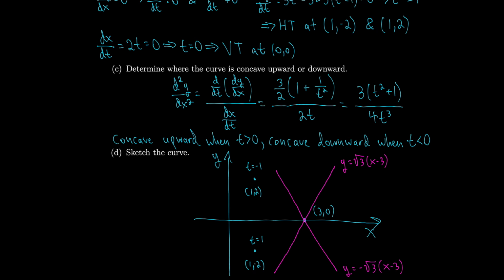Since our tangents over there are horizontal, we know we have a maximum or minimum over there. We also know about the concavity. We know that this thing is concave up when t is positive and concave down when t is negative. So it should make sense it's concave down over here like this. Something like that. And it's concave up over here. So very roughly the curve looks something like that, where the t values are increasing like this.